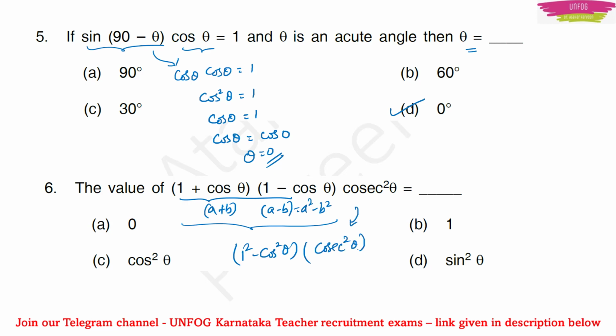Now you can use sine square theta plus cos square theta is equal to 1, or 1 minus cos square theta is equal to sine square theta. So here you can write sine square theta, and this is already the reciprocal of sine square theta because it is cosecant. So you will have 1 as the answer, option B.